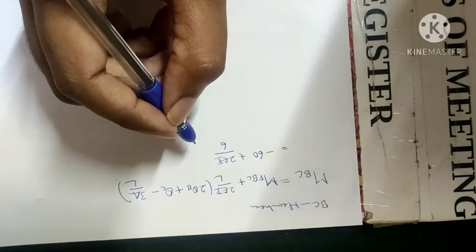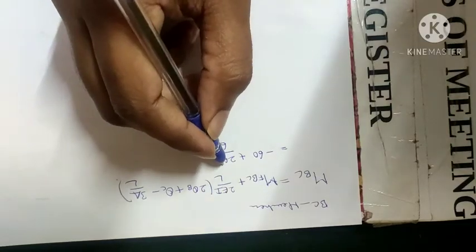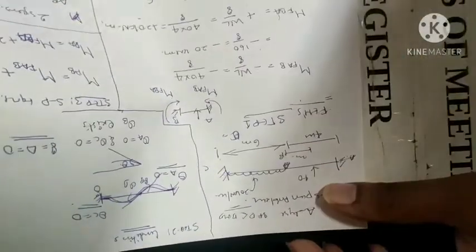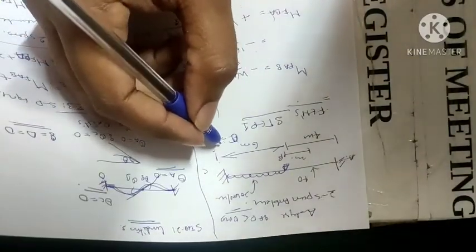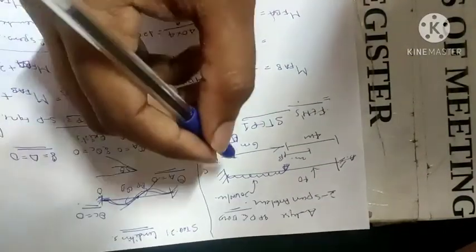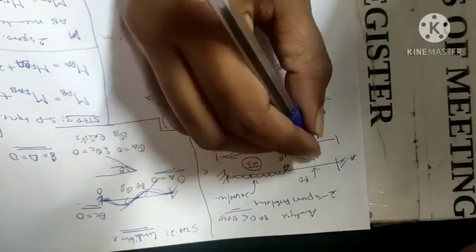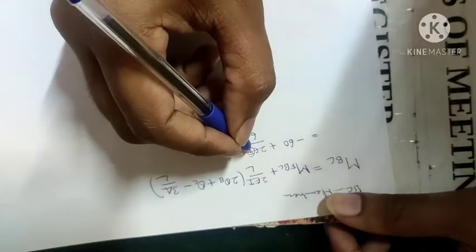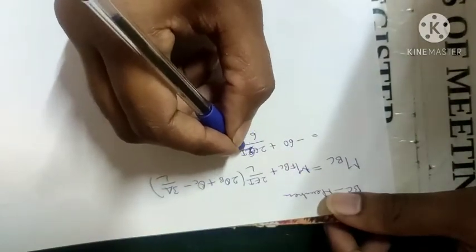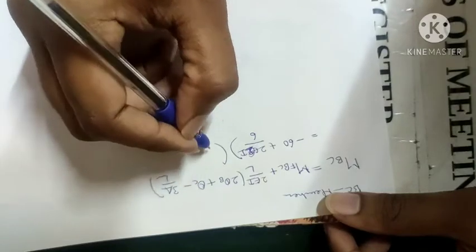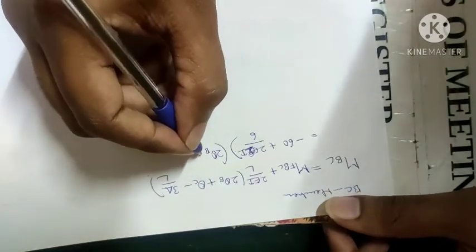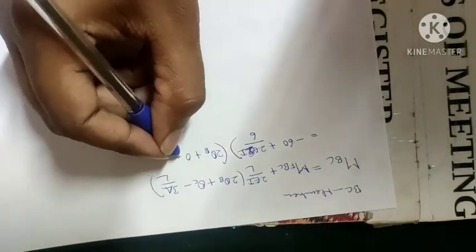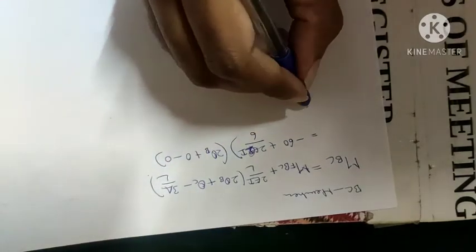Here EI is not constant: EI has some value, 2I for this span and I for the other. Substituting 2I, we get 2 theta B, plus theta C which is 0, minus 0.